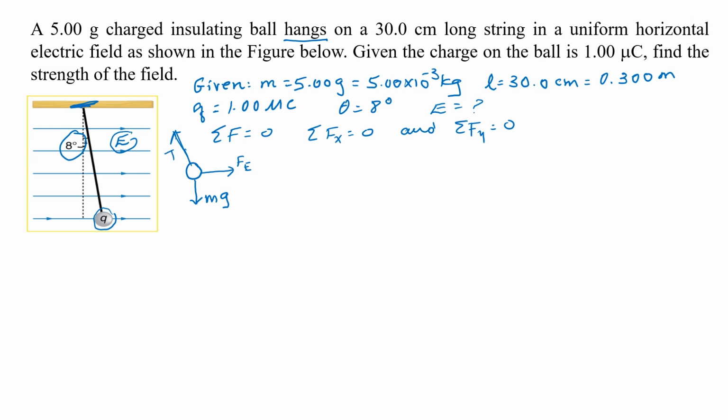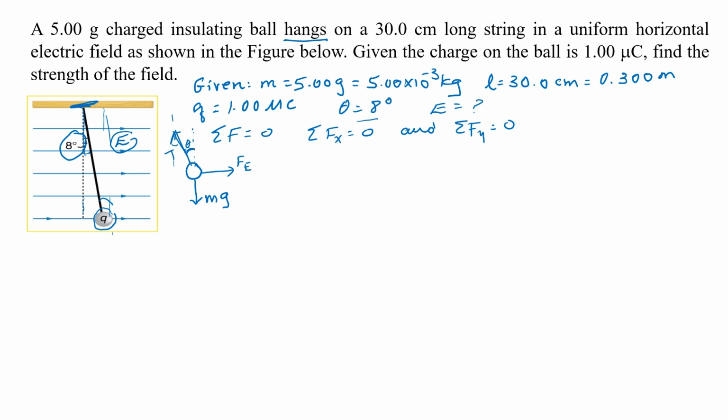Tension T. Alright, if you draw a line parallel to the string, if this is a string, the angle here is 8 degrees, and this angle also has to be 8 degrees, that's theta. Reason? Because this line is parallel to this line, and therefore this angle is equal to this angle, alternate interior angles.